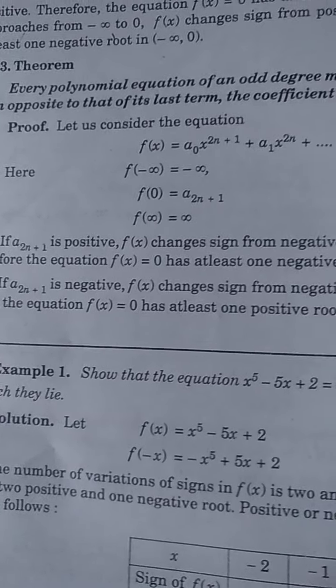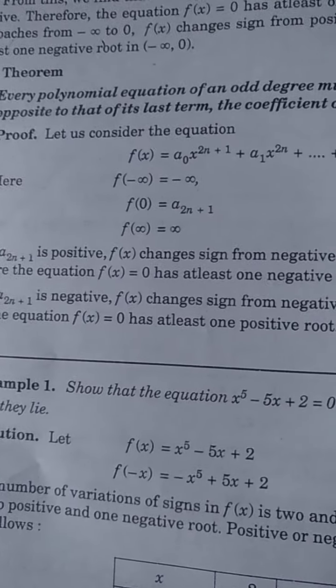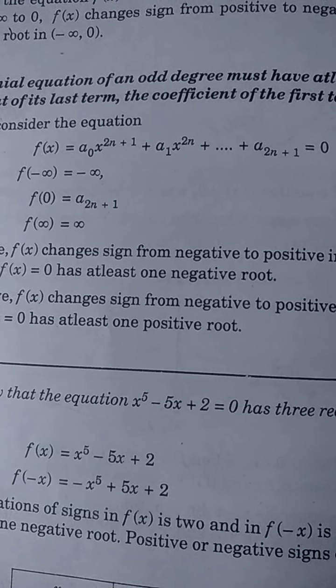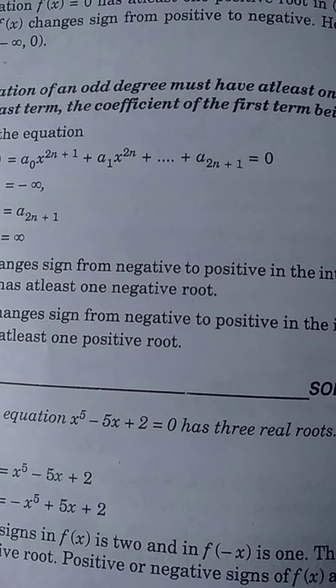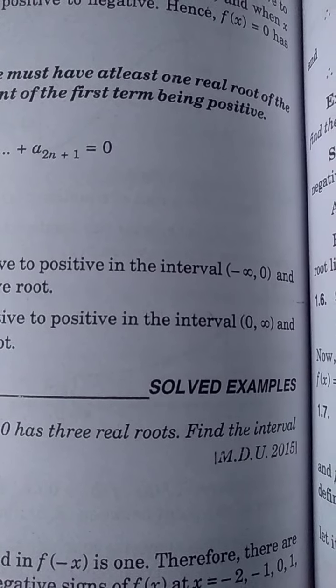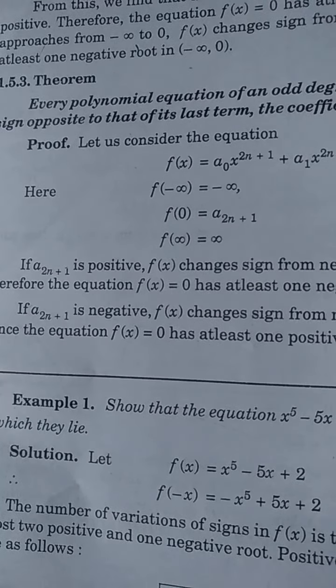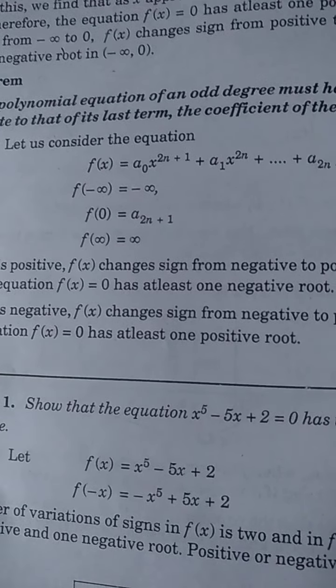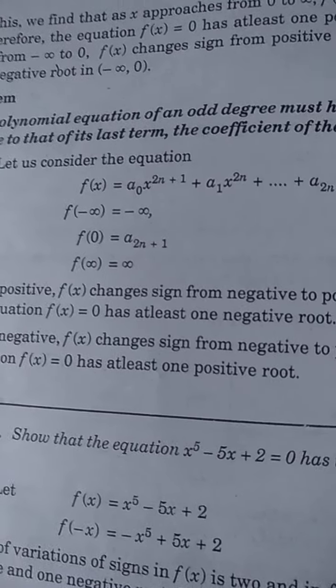If a(2n+1), this last term, is positive, f(x) changes sign from negative to positive in the interval minus infinity to 0, and therefore, when there is a change of sign, there is a root.